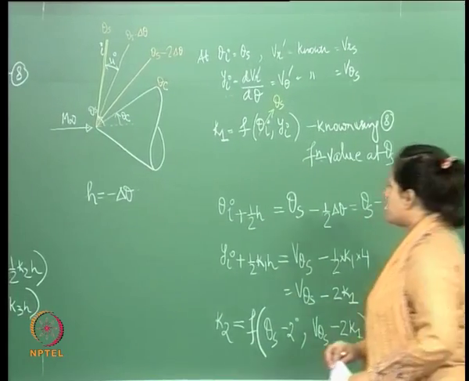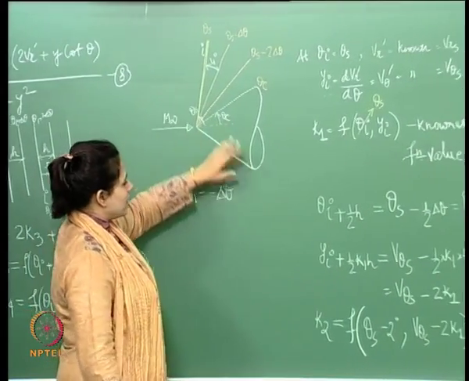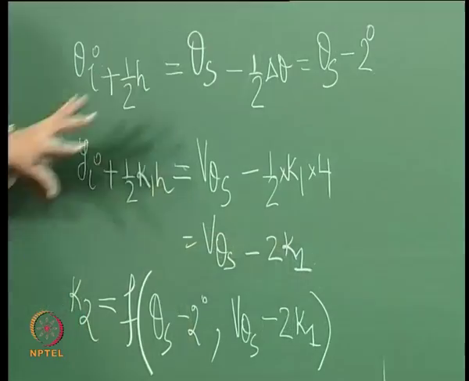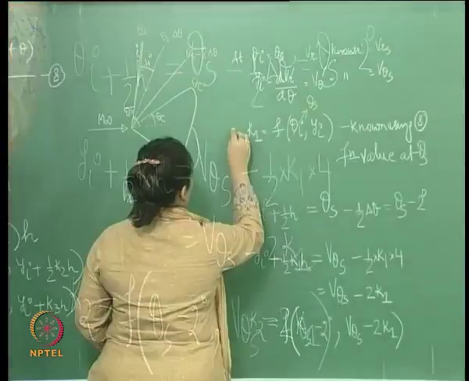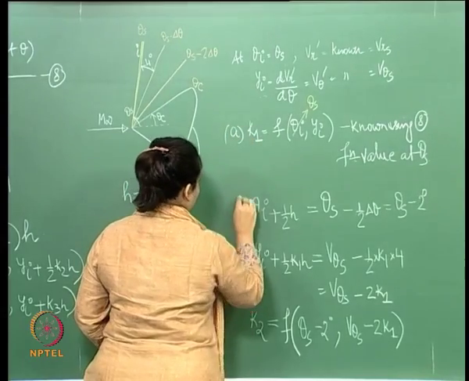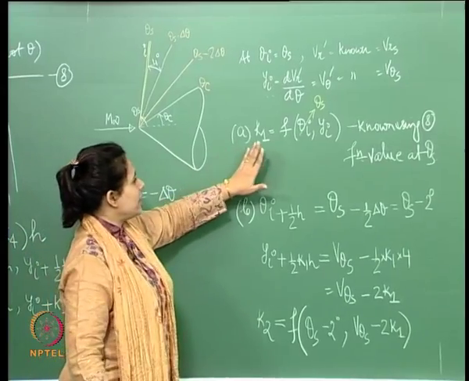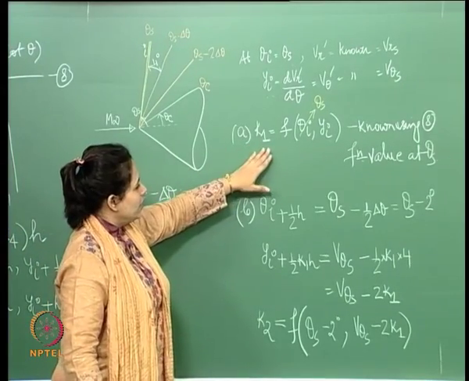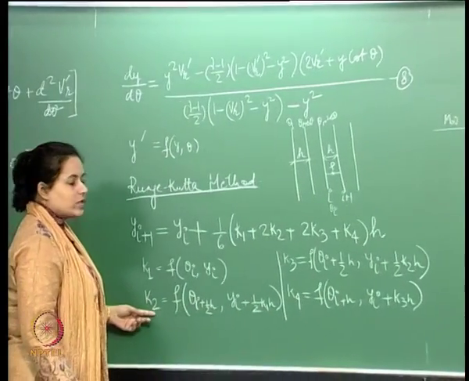Okay, does that make sense? Let us go over this one more time. What we are trying to do here is calculate this. Let us call this A and get down to B. We calculated k1. Now we come to k2.